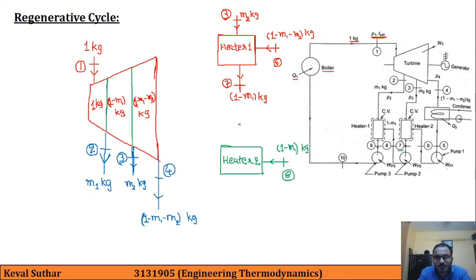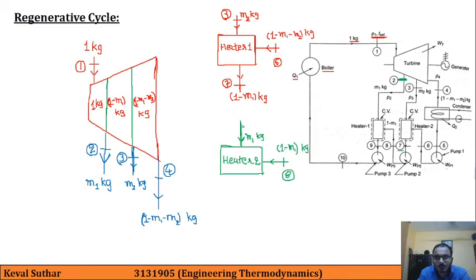And here we are getting the quantity m1 kg, which is at point number 2. So we are at here right now, point number 2 is here.